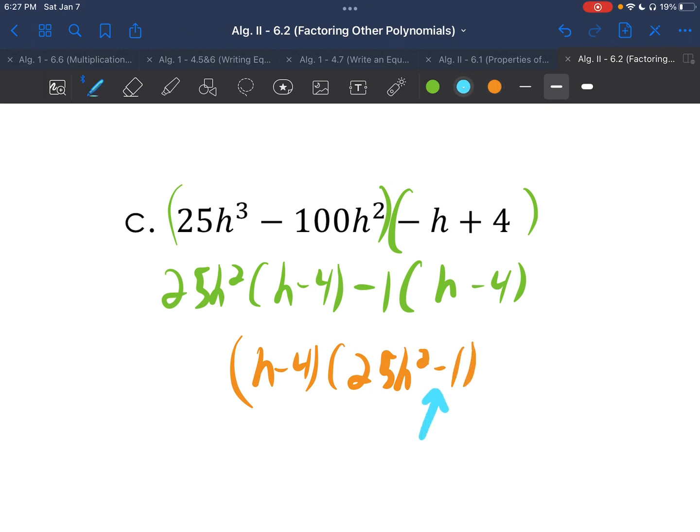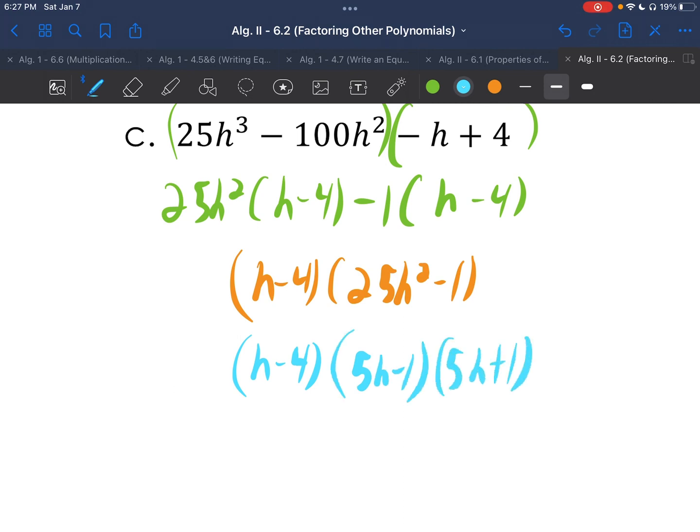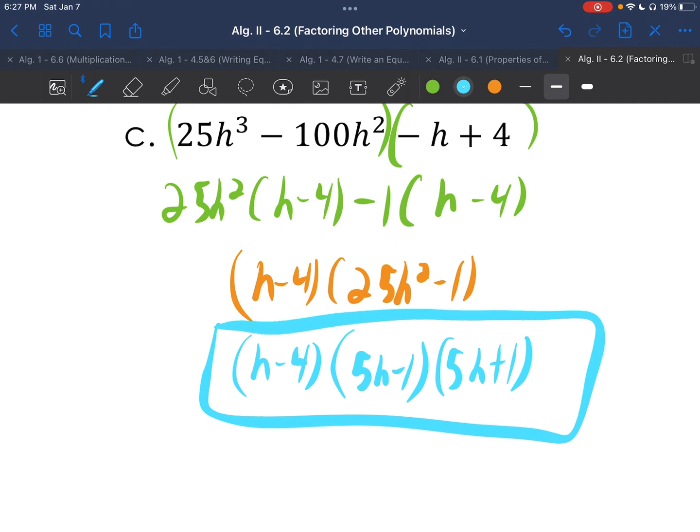Notice that we can take the second one further because it's a difference of 2 squares, because 5h times 5h is 25h squared, and 1 times 1 is 1. So you do h minus 4, and then the second one splits into 5h minus 1 and 5h plus 1, and those parentheses are interchangeable. That is it for section 6.2 today.